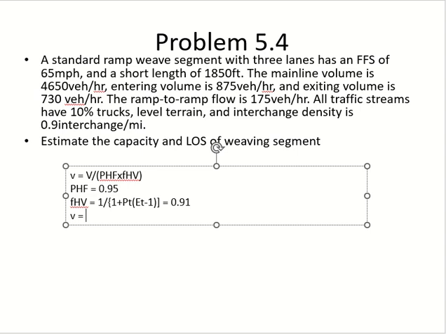For example, 4650 divided by 0.95 and 0.91, how much is that? Yeah, 5378 passenger cars per hour.